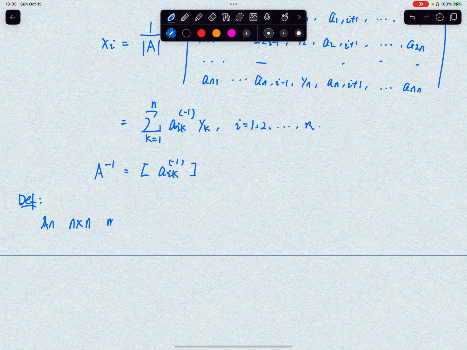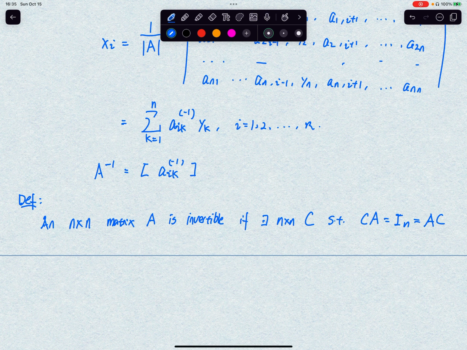So an n by n matrix A is invertible if there exists an n by n matrix C such that CA equals I_n equals AC. And in this case, C is called the inverse of A.